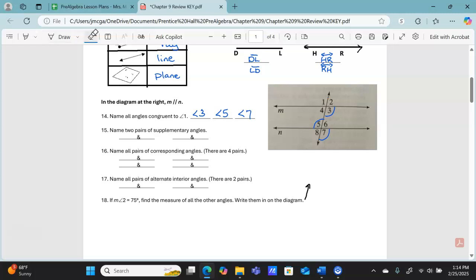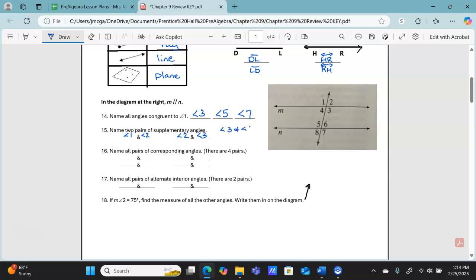Pairs of supplementary angles, these are angles that are on a line together. And so it could be angle 1 and angle 2. You could do angle 2 with angle 3 because they're on that line together. You could do angle 3 and angle 4.